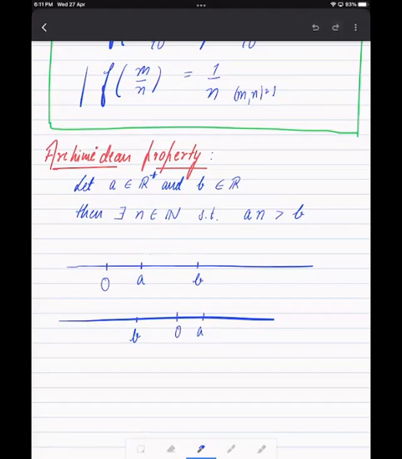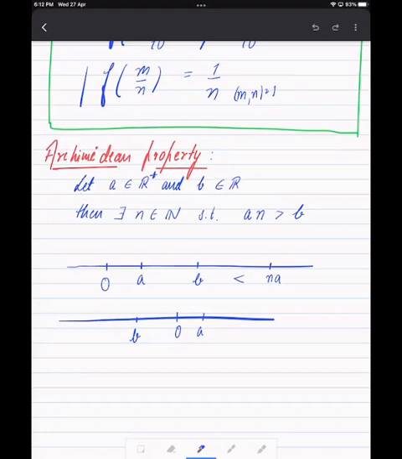Now, there must exist an n such that nA will reach here, B will be smaller, nA will be greater. What does the Archimedean property say? We actually use this Archimedean property so many times, but we don't use this word over there, so we get confused.